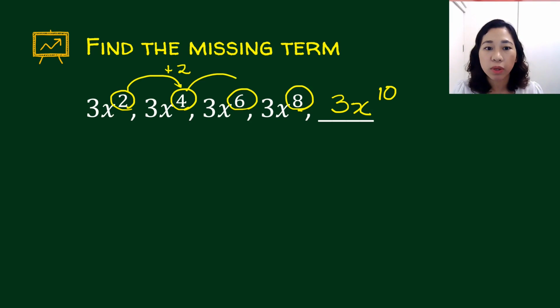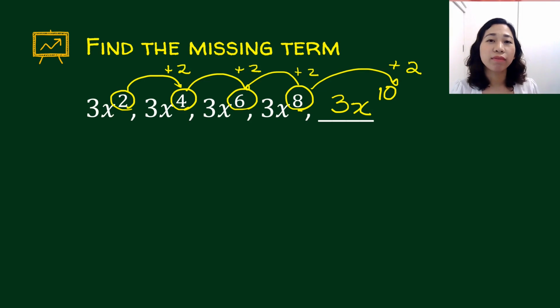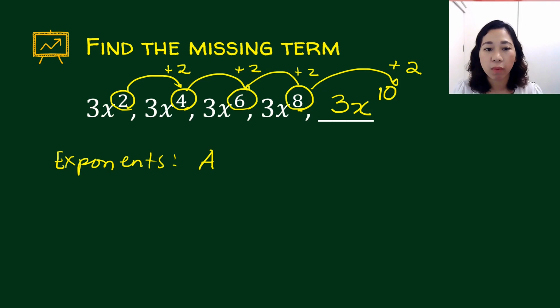I'm looking at the exponents only. Alright? But what kind of sequence is this? Does that mean that this is an arithmetic sequence? No. I'm just saying that the exponents form an arithmetic sequence. But this sequence is not an arithmetic sequence by itself.